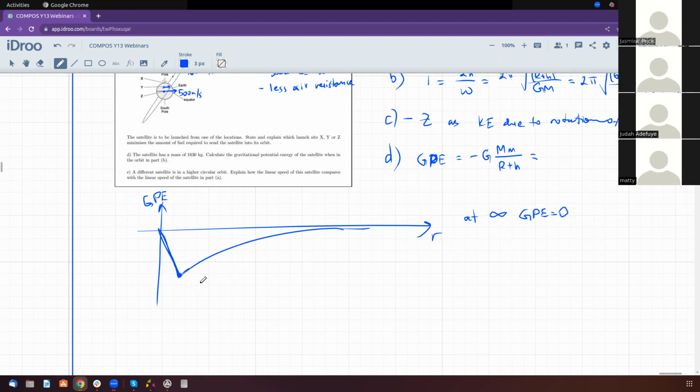Now, what does that mean? Well, you need energy to remove the satellite from the gravitational field of the Earth. So if you take a satellite, you give it a massive rocket with, I don't know, 7 billion joules of energy, and that's enough to remove the satellite far away from the planet, and then it will stop. And the total energy will be 0.